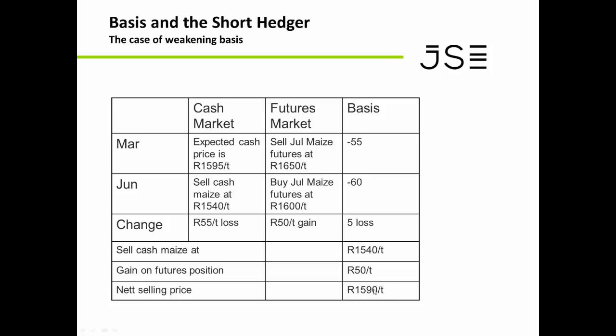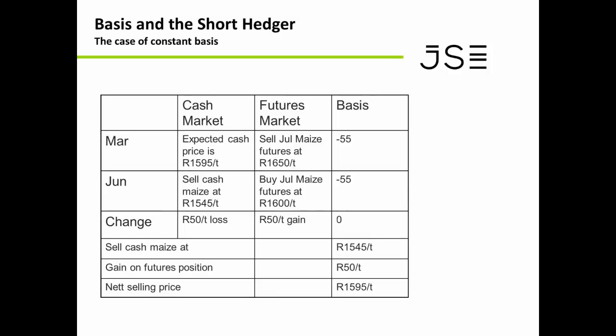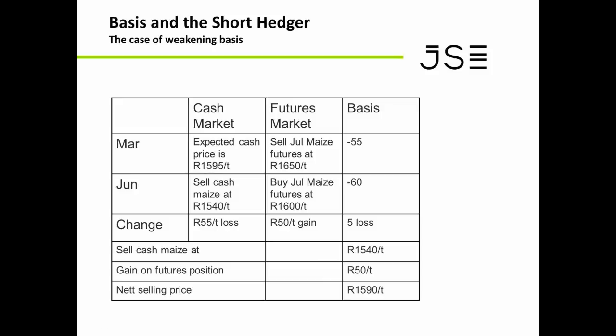Remember what we saw, his net position in the previous slide when we had a constant basis was 1595, see there. And now, because of a weakening basis, he is 5 rand worse off, and that is that 5 rand loss that we indicated there. So nothing changed.